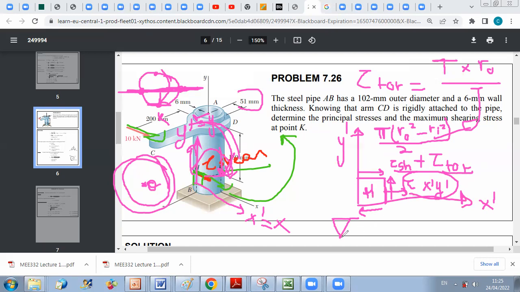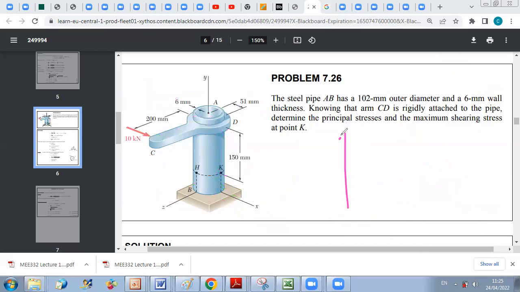So if I want to consider the state now, I can write that sigma x prime equals 0, sigma y prime equals 0, and I just have tau x prime y prime. If I want to represent this state in a circle, if you remember, I can say this. If I plot it, I don't have sigma x, I don't have sigma y, I just have a shear stress.